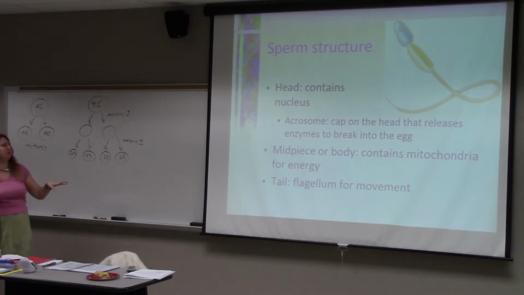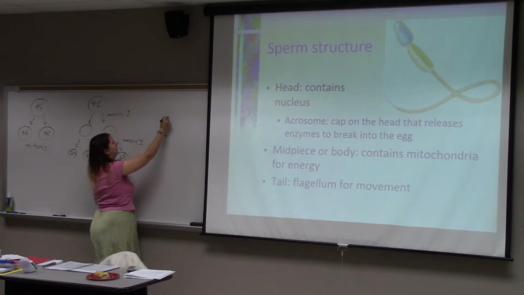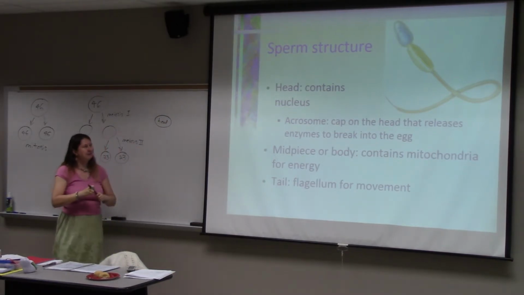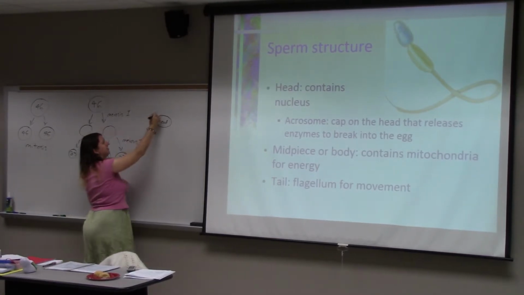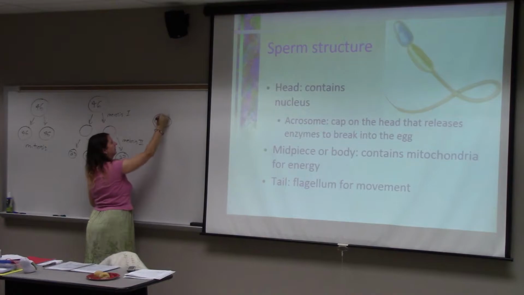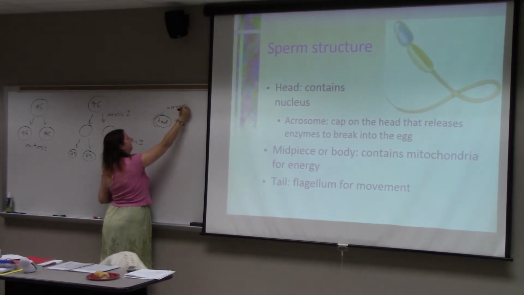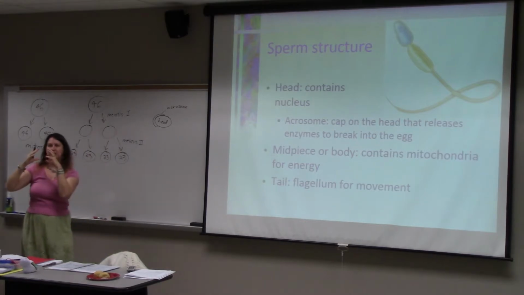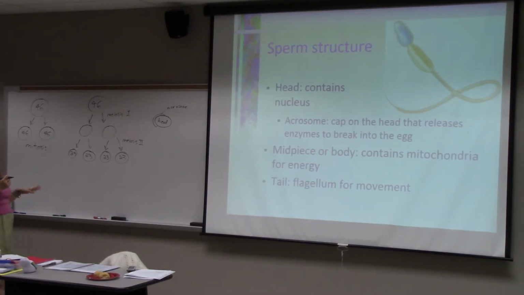A fully formed sperm has a unique shape. The head is the part that contains the nucleus. It has kind of a cap on it called an acrosome. The acrosome contains enzymes that help the sperm break through the coating on the egg.